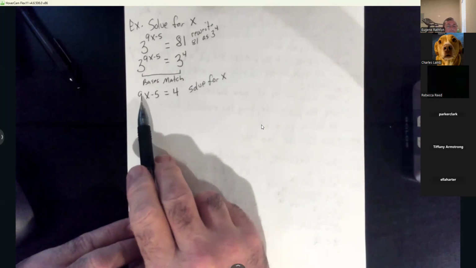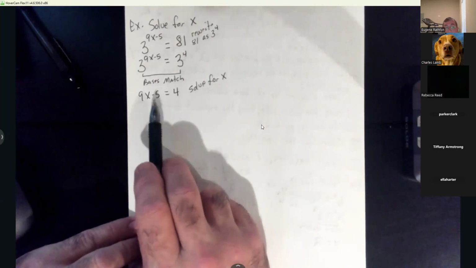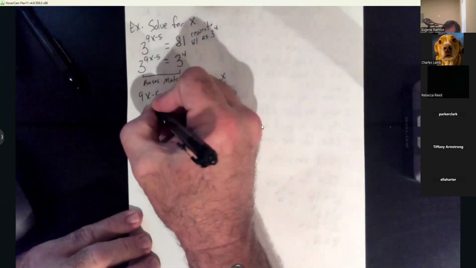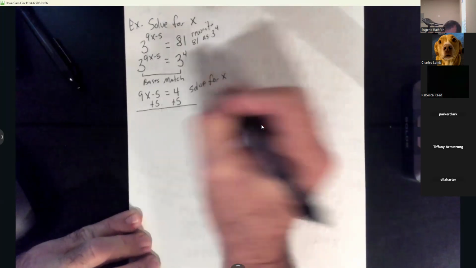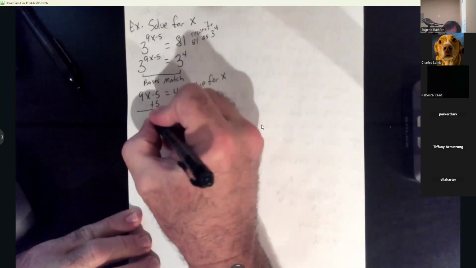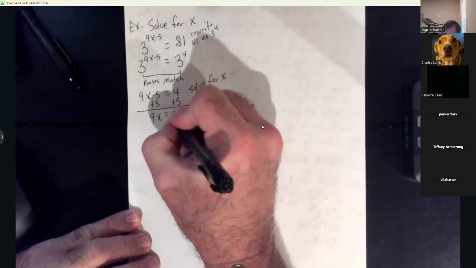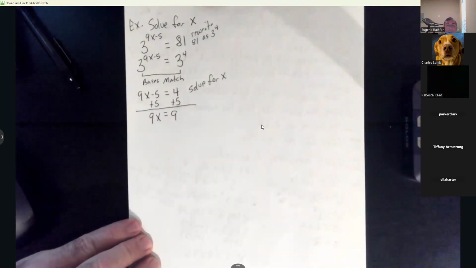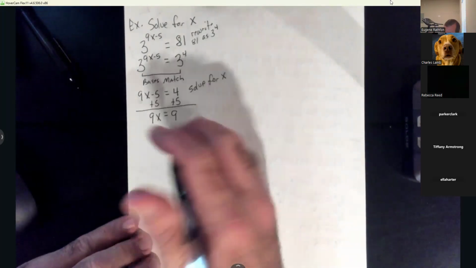So this one, we would get the 9x by itself. So we would move the minus 5 by adding 5. All right, y'all, let's see. The 5s cancel. That leaves me a 9x on the left side. And then 4 plus 5 gives me a 9 on the right side. All right, y'all, then my final step, divide both sides by 9.